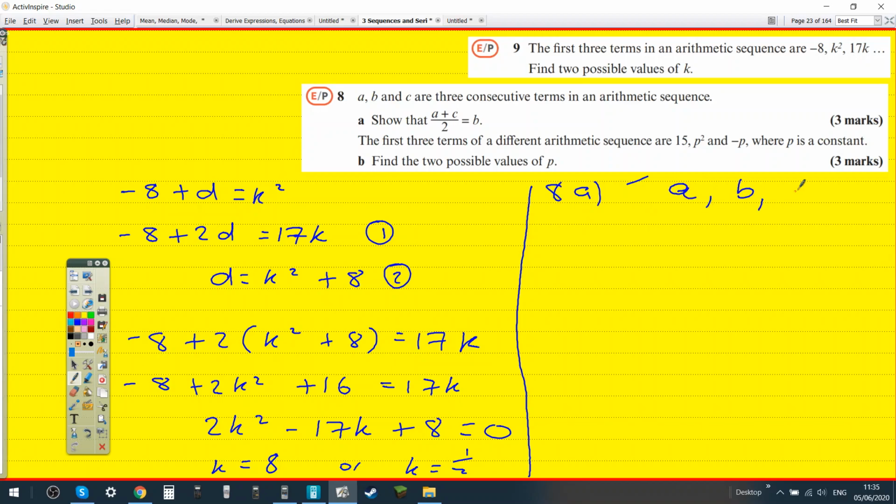So would I need to do something like b equals a plus d, and c equals a plus 2d? Right. But I need to do a simultaneous equation here again. Yeah.